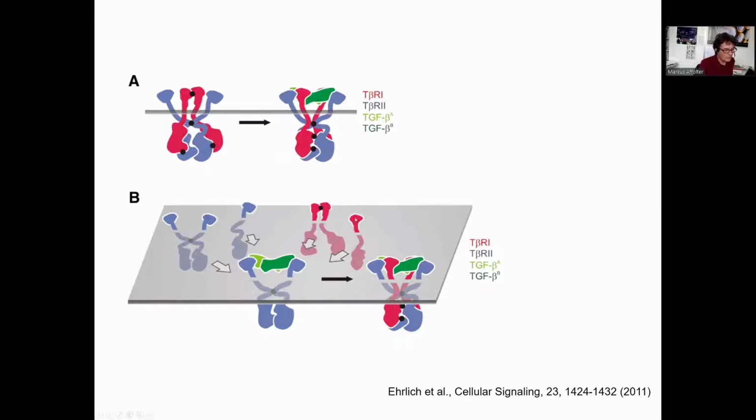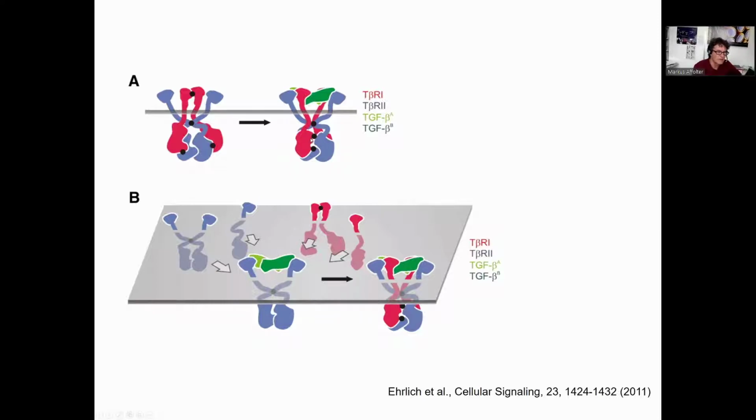Are there type 1 receptors that swim around interacting with each other and type 2 receptors swimming around, and then the ligand first brings the type 2 receptors in close proximity and then they associate with the type 1 to make this complex? Or are there preformed complexes that just bind the ligand? Are there preformed dimers that then make heterotetramers? This is not well known.